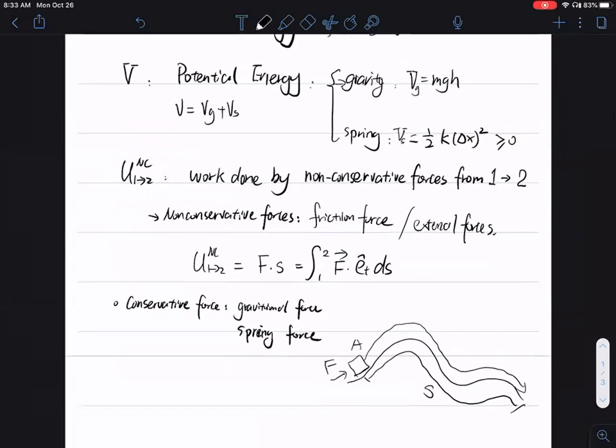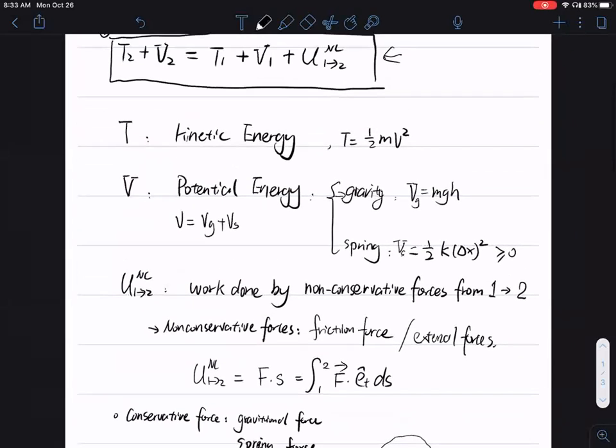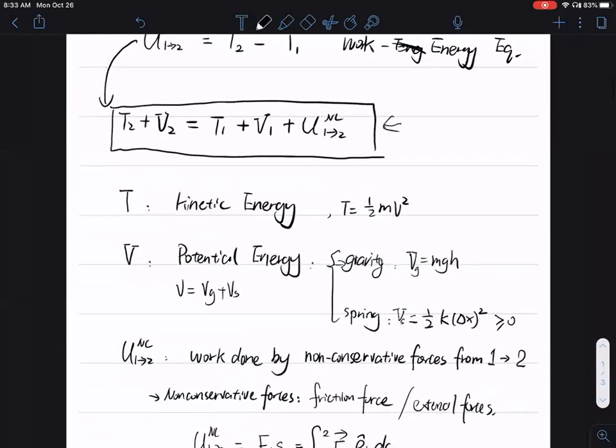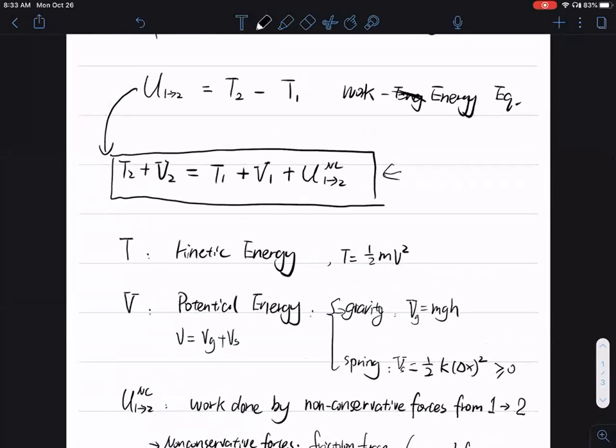Okay, so far we talked about T, V, and UNC 122. That's all the components inside of that equation.